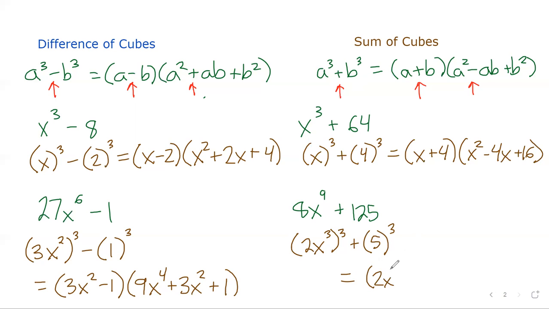First thing plus the second thing, first thing squared, minus first times the second, so 5 times 2 is 10, and we're subtracting, so minus 10x cubed, and then plus second thing squared, plus 25. And that would be a fully factored version of 8x to the 9th plus 125.